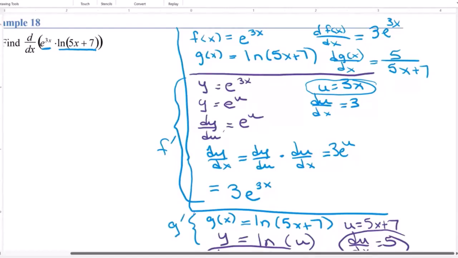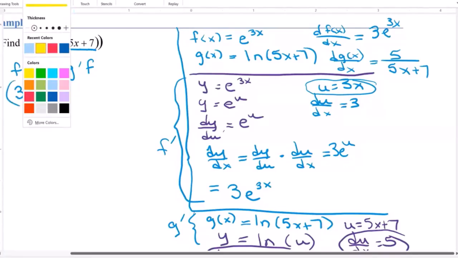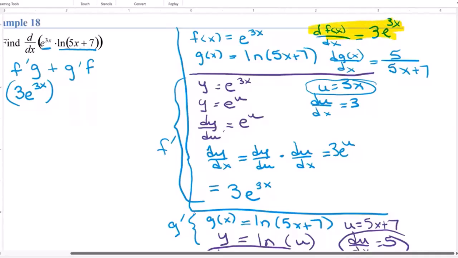So now I have f, g, f prime, g prime, and the derivative of a product is f prime g plus g prime f, and now I can just substitute. f prime is 3e to the 3x, times g, which is ln of 5x plus 7.